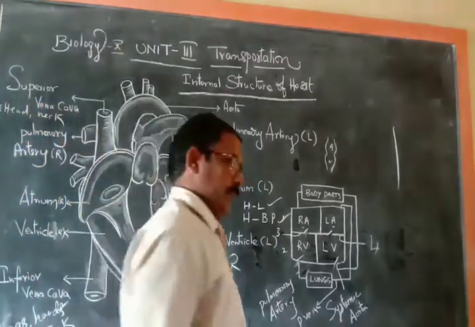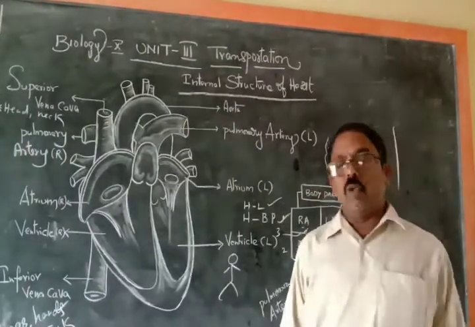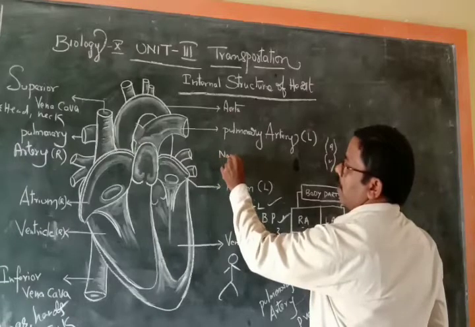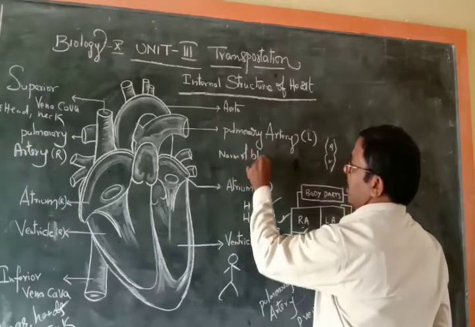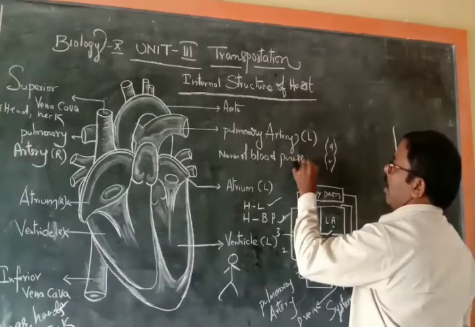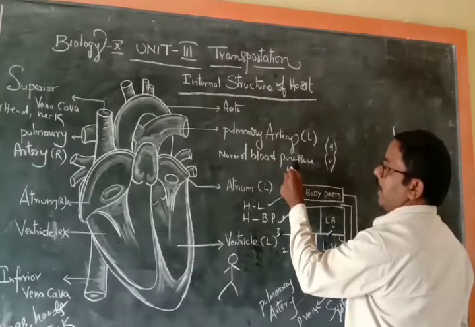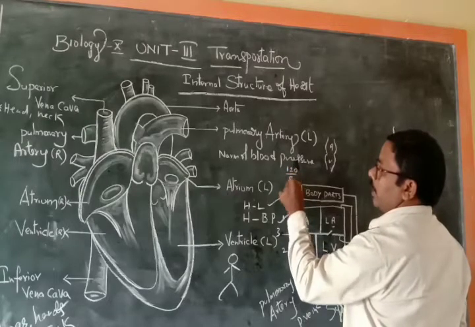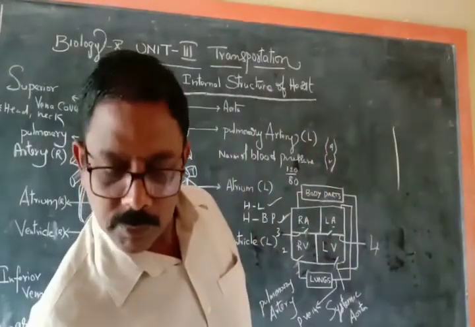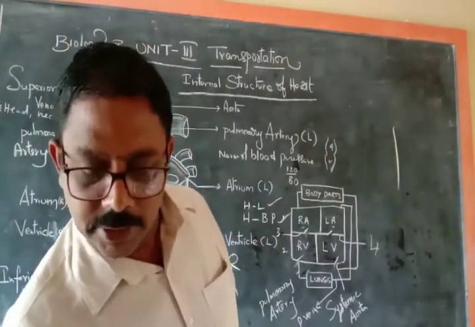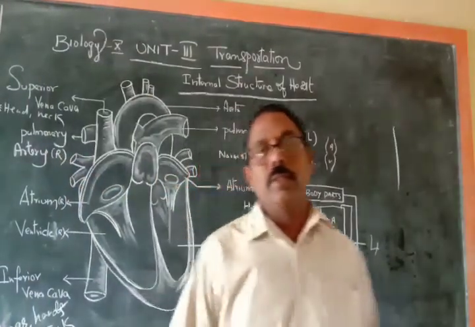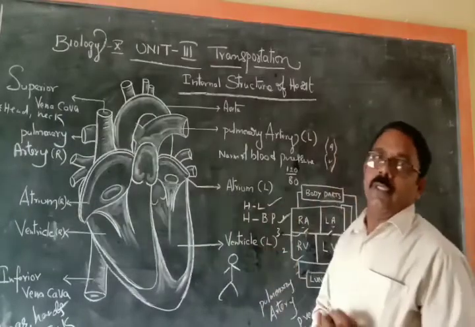Blood pressure: how do we measure it? What is the normal blood pressure? Normal blood pressure is 120 by 80. 120 indicates the systolic pressure and 80 indicates the diastolic pressure.